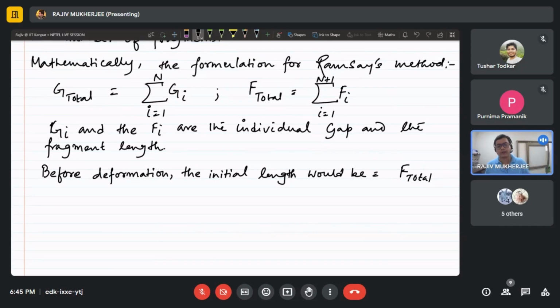So in that case the undeformed sample would be the unfragmented sample. That means that the total length of the fragments is the initial length, or the initial dimension, of the fossil.